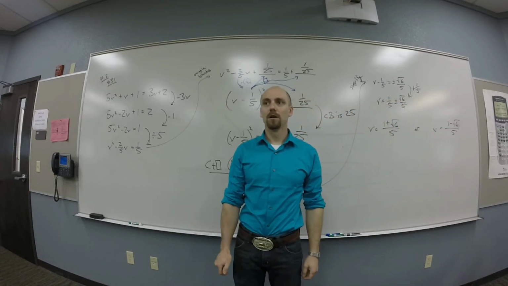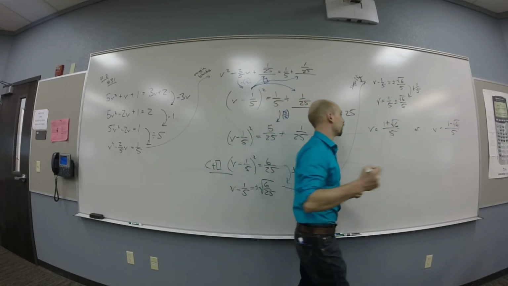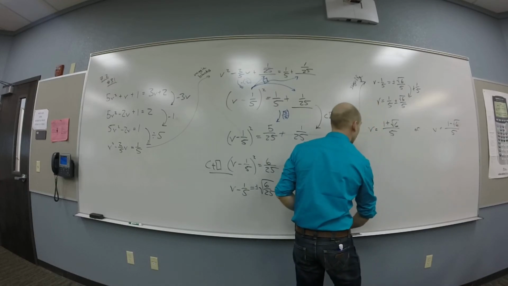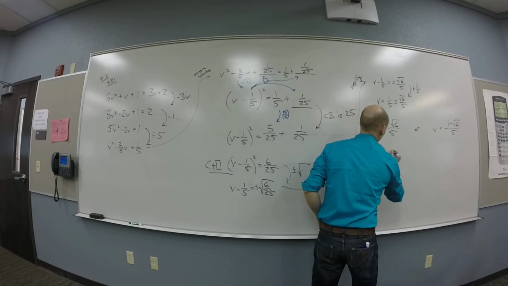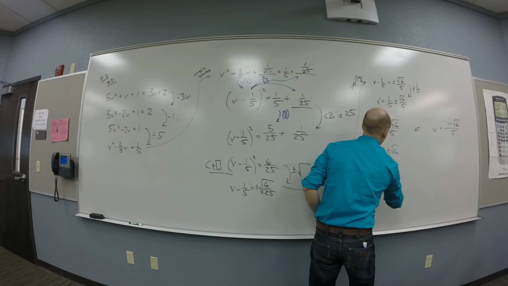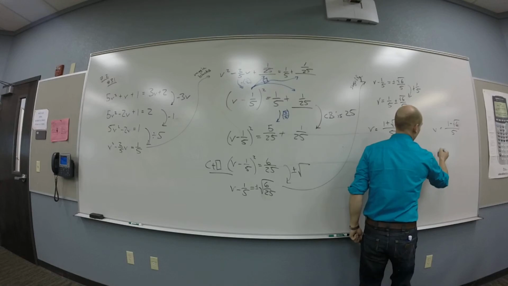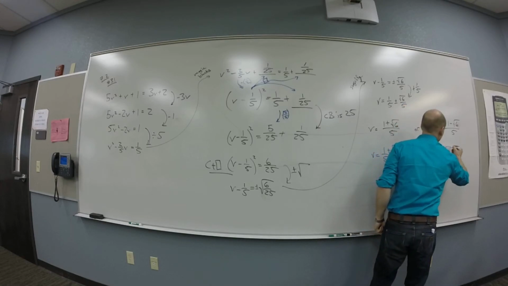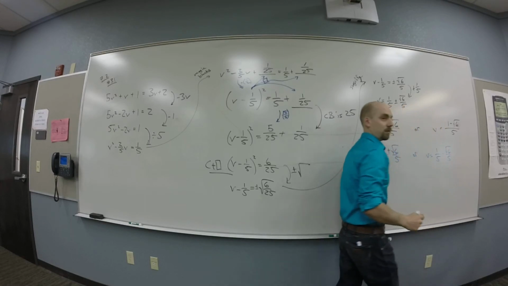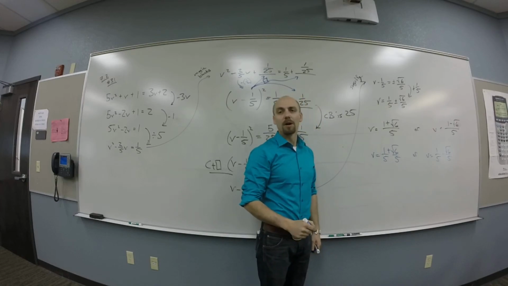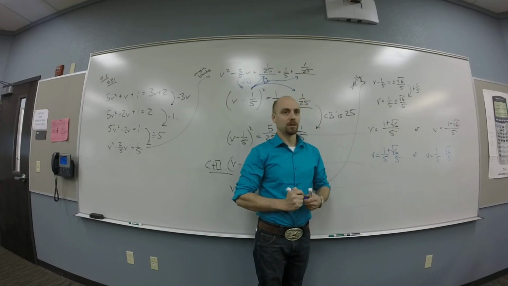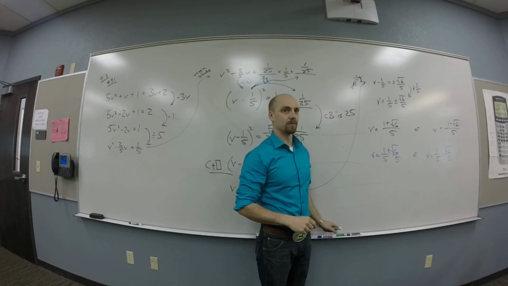You guys cool with this? If you were to write v is 1/5 plus root 6/5, or v is 1/5 minus root 6/5, I'm not going to take any points off for this. Both things are fine. Cool?